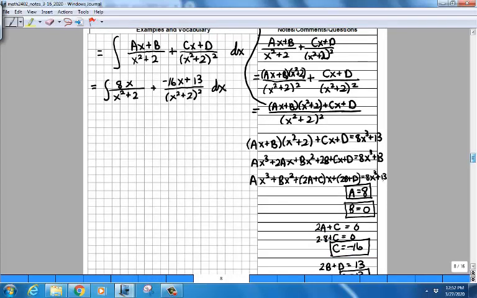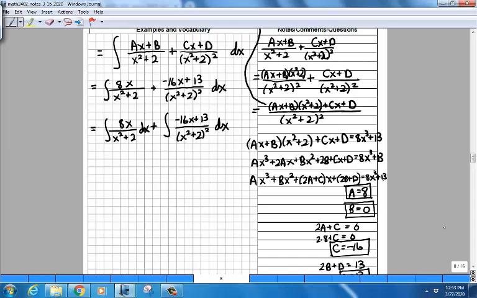Now we're going to write these two fractions in terms of simpler antiderivatives. So I'm going to write the antiderivative of 8x over x squared plus 2, and then plus the antiderivative of minus 16x plus 13 over x squared plus 2 squared.